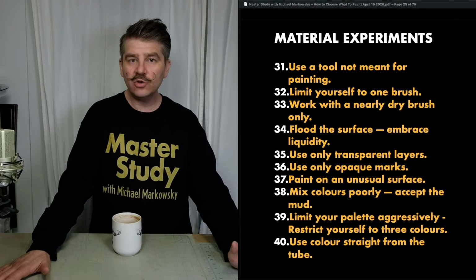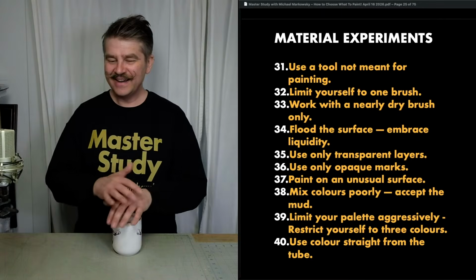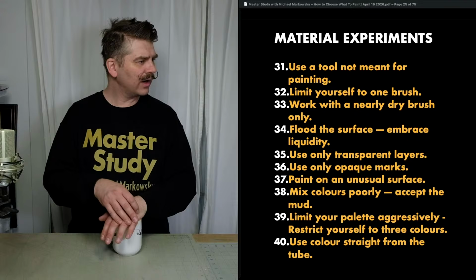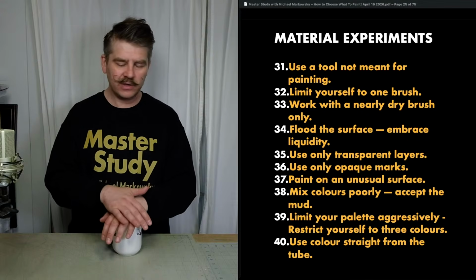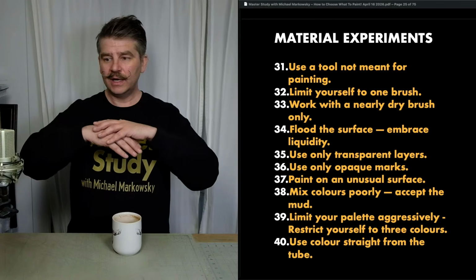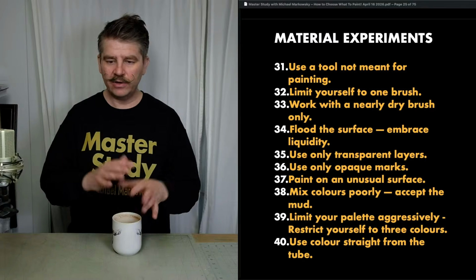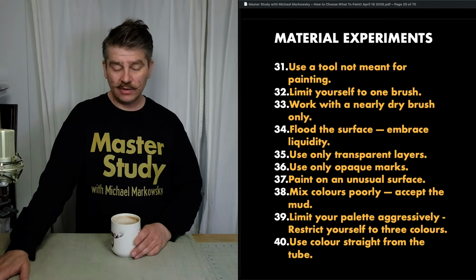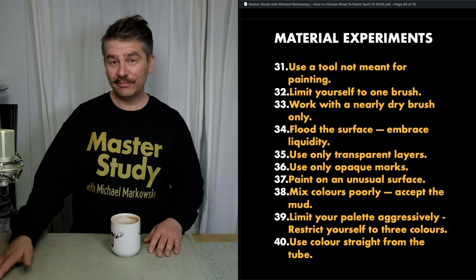37 is paint on an unusual surface. So I've done lots of paintings like that onto unusual surfaces. I did it for 3 straight years. I painted on Canadian Army helmets as a part of a fundraiser for veterans who'd been injured in combat, and trying to make a painting on a helmet is pretty tricky.